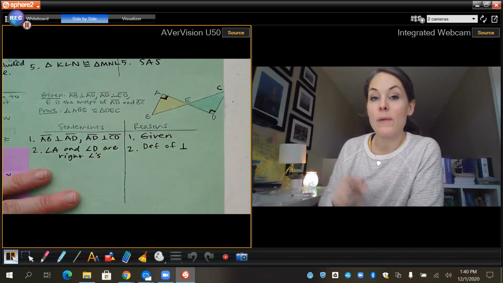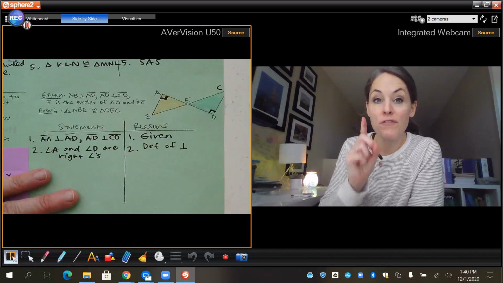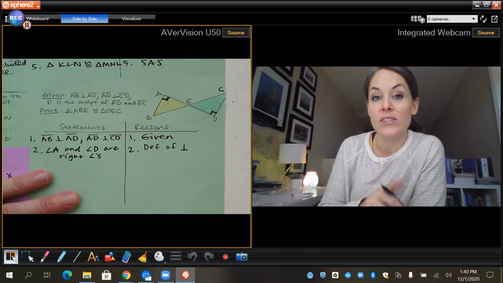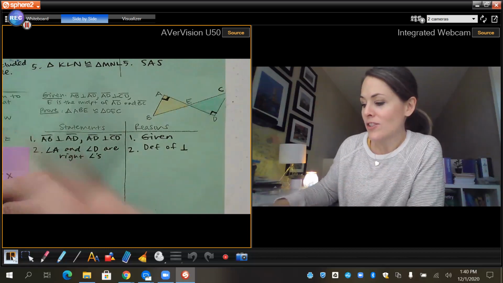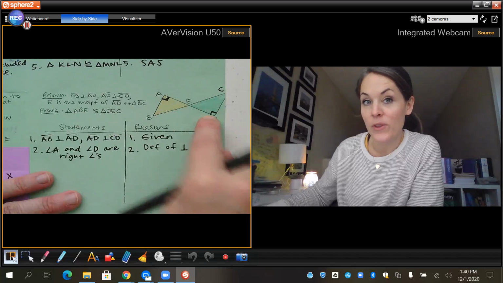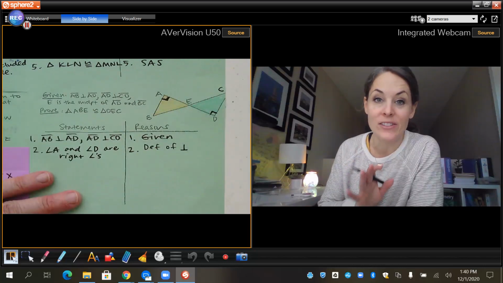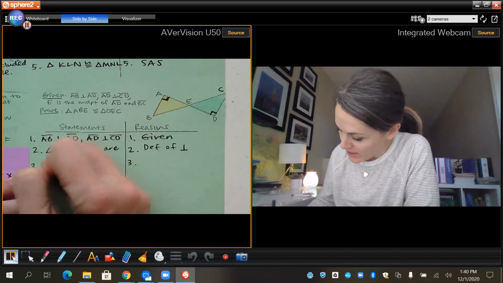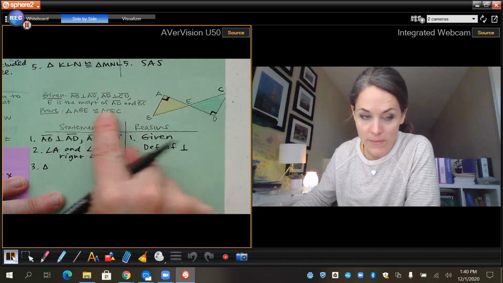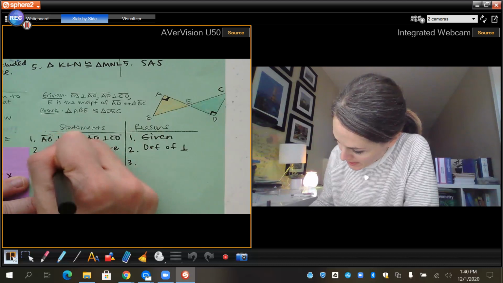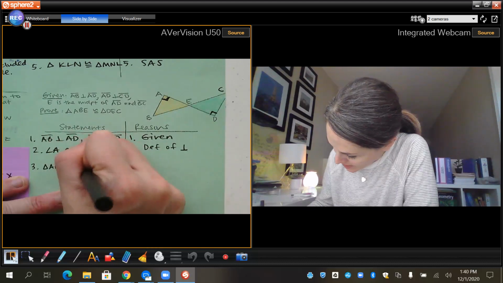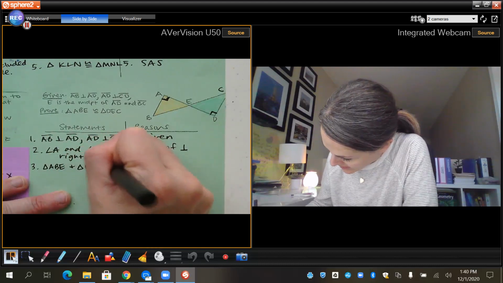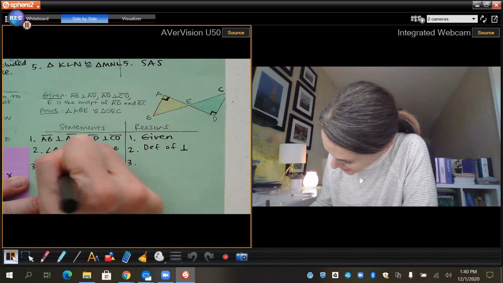Okay, now remember our checklist. Our first thing is we need to know that these are right triangles. So once you have a triangle with a right angle, I can state that these are right triangles. Okay, so here I can say triangle, and I'm just going to use the way they write them here, triangle ABE and triangle DEC are right.